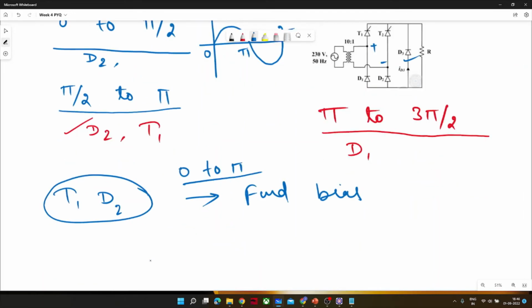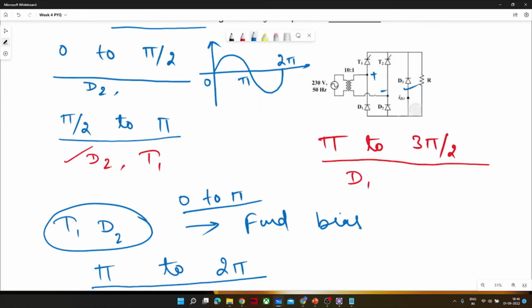Now, from pi to 2 pi, what will happen? The polarity would be reversed.